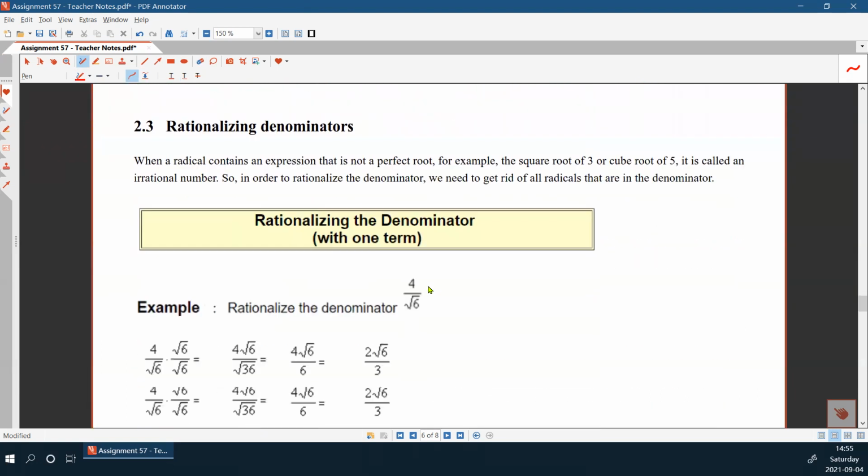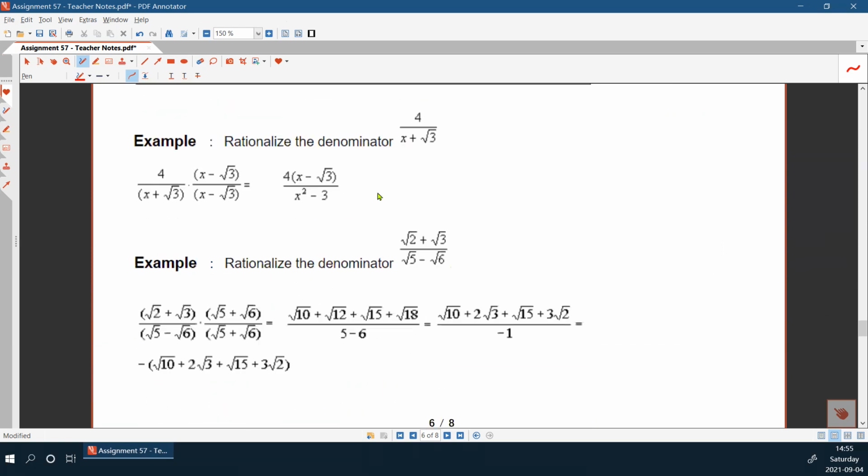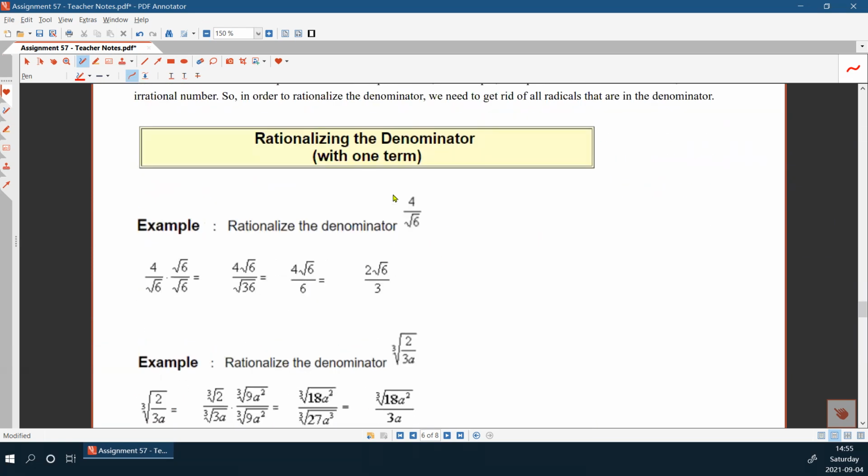All right. So next key point is to rationalize the denominator. So how do we rationalize a denominator? There are several cases, right? So first case, we can just rationalize the denominator by multiplying by the same number as the denominator, right?